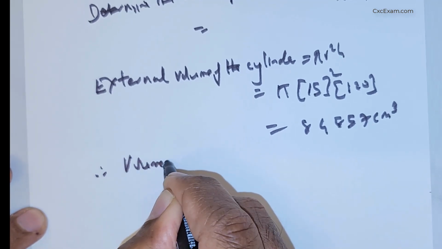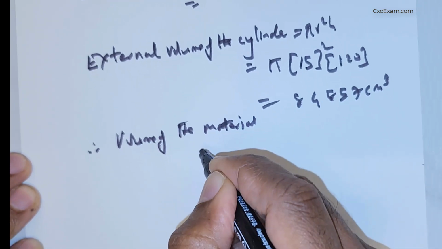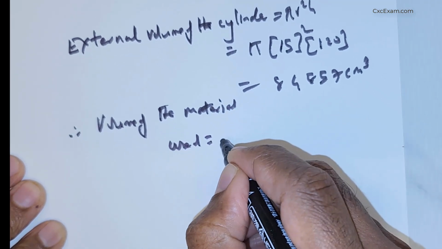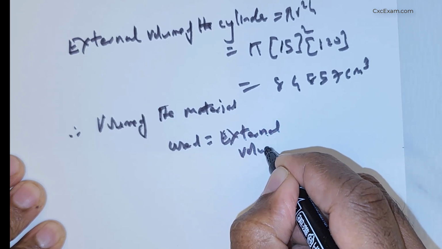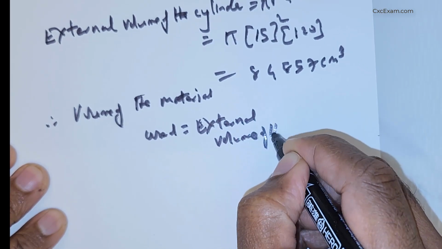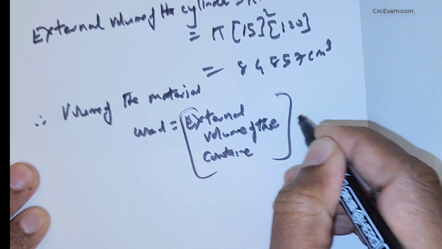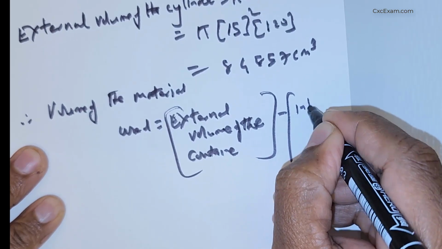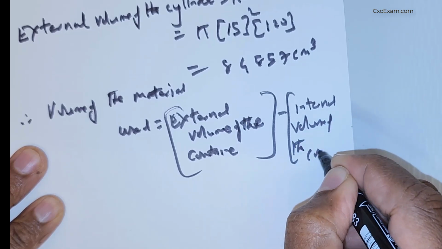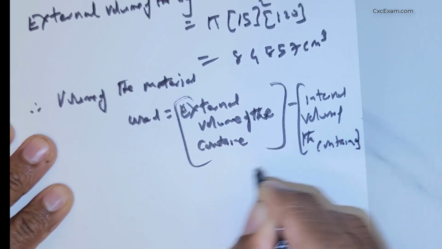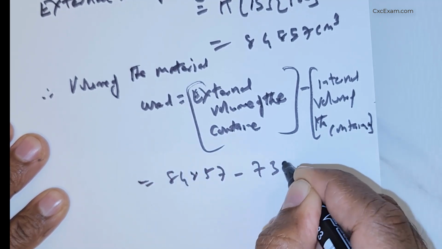Therefore the volume of the material used is equal to the external volume of the container, from which you subtract the internal volume of the container. So the external volume, 84857, minus 73304.